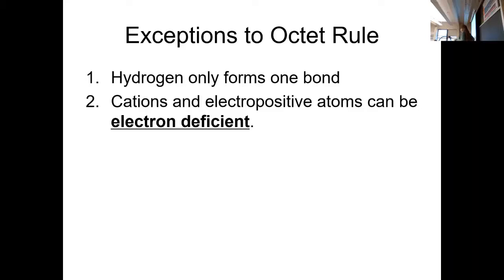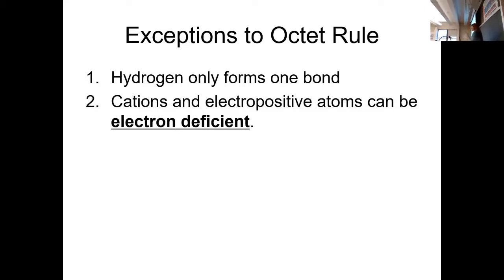So how many valence electrons would boron have? It has 3. So it tends to form only 3 bonds, and then it doesn't have any lone pairs. So if it's forming 3 bonds, then it only has 6 electrons around, okay? So we call that electron deficient if it doesn't quite have as many.